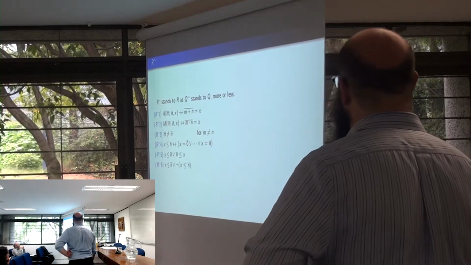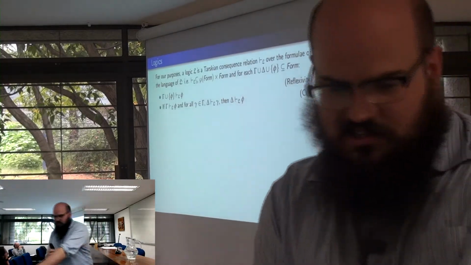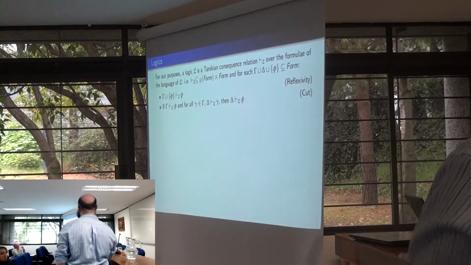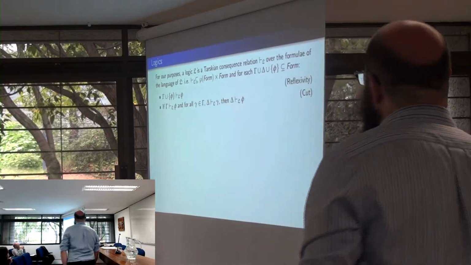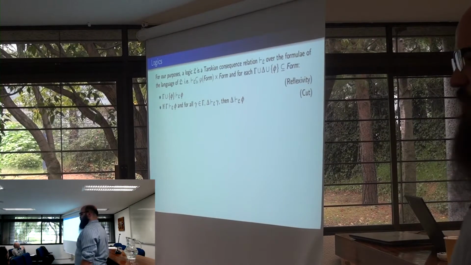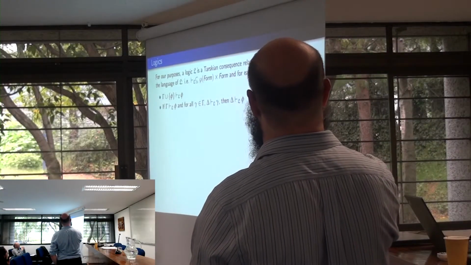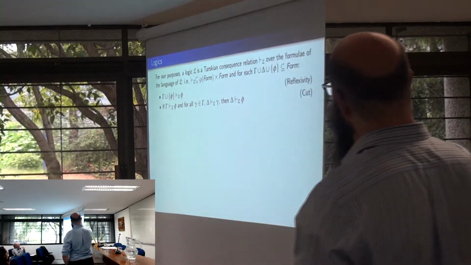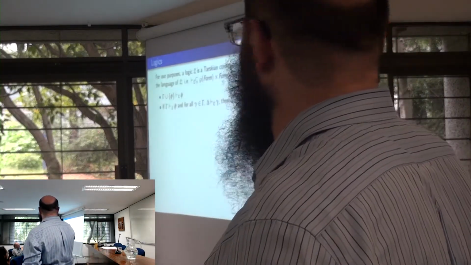Okay, so with that in mind, a little bit of ground clearing to say what exactly is the result that we're going to show. For our purposes, a logic L is going to be identified with a Tarskian consequence relation over the formulae of some language, which is a relation of the following type, obeying the usual principles, reflexivity and cut, and requiring that this be a set.